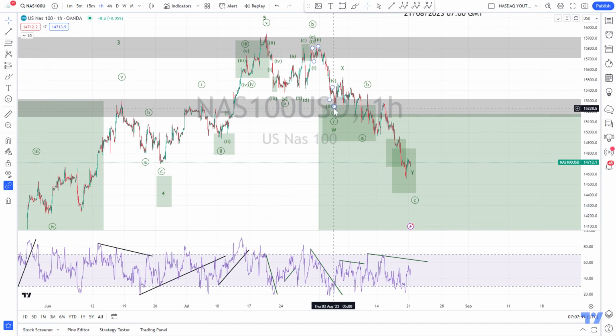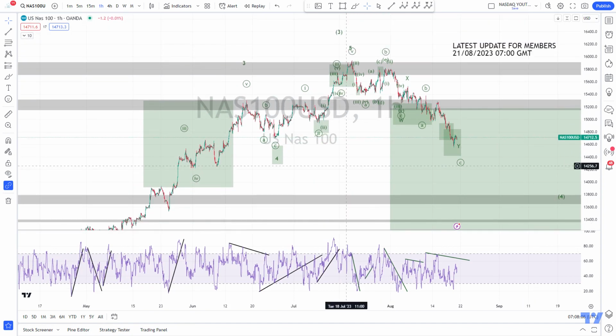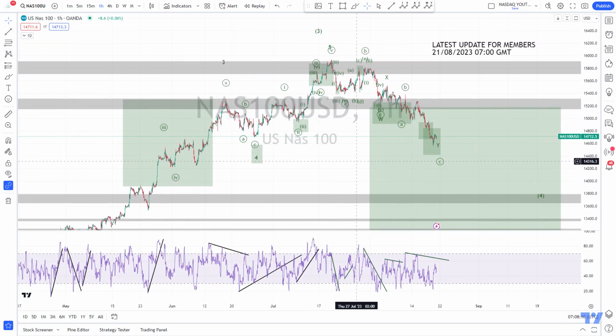The good thing is that each time we tried, we got reaction to the upside. So every time I was stopped out again, but it was with the risk-free position, and this is actually what we've done all the time so far with the Nasdaq.